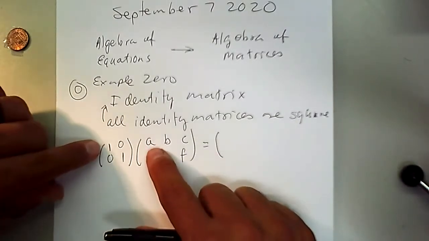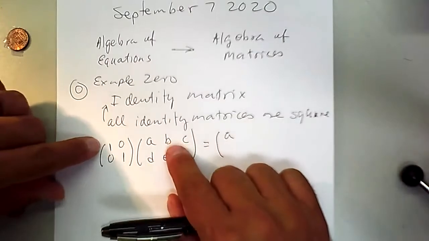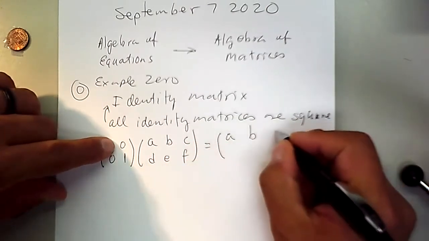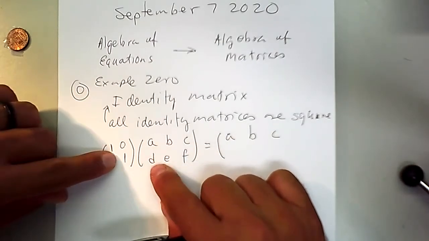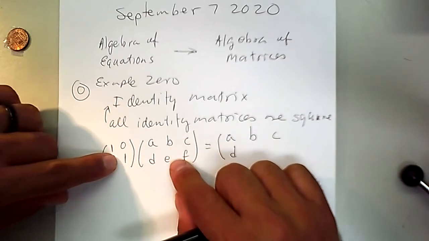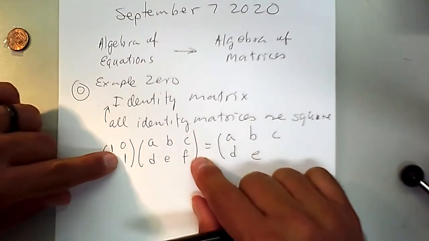So A plus 0 is A, B plus 0 is B, C plus 0 is C, and then no A and a D, no B and an E, no C and an F.